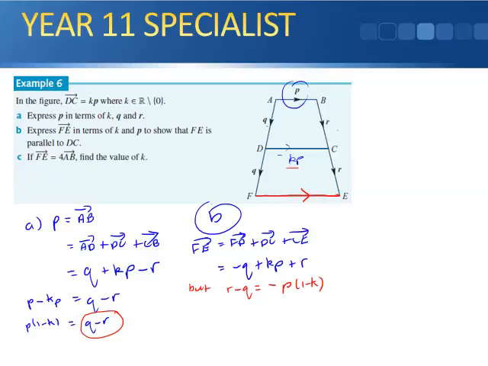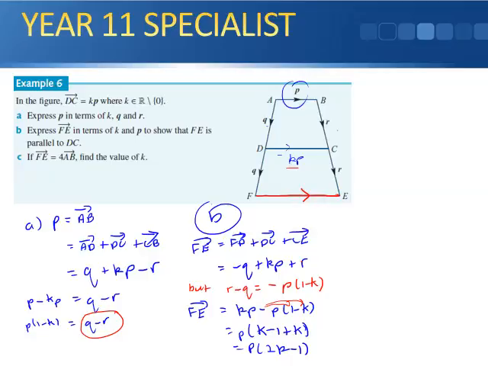That's from part A. So therefore F to E will equal KP minus P(1 minus K), which will equal P(K minus 1), but plus the other K, because remember, when I work that out, it becomes plus, and therefore I've got P(2K minus 1).